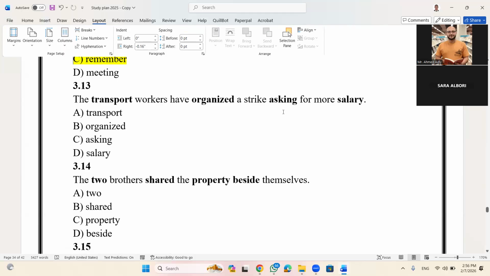So salary. Nope. It's good. Good salary.